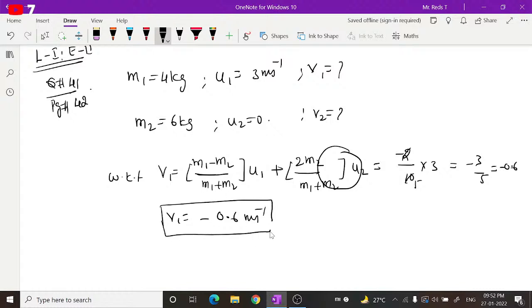So this is V1. If you see the options, minus 0.6, there are two options with this. So you have to calculate V2 also to clarify this. Second and fourth options are repeated here: minus 0.6 and 2.4, minus 0.6 and minus 2.4.